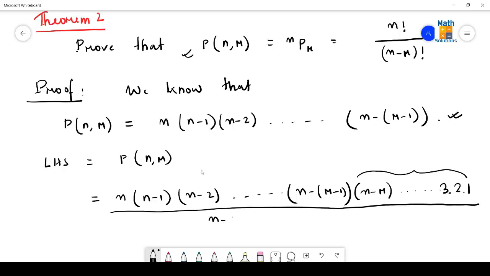I am going to write in the denominator these terms, continuation up to 3, 2, 1. In other words, I am multiplying both numerator and denominator by n minus r into n minus r plus 1, continuation up to 3 into 2 into 1.